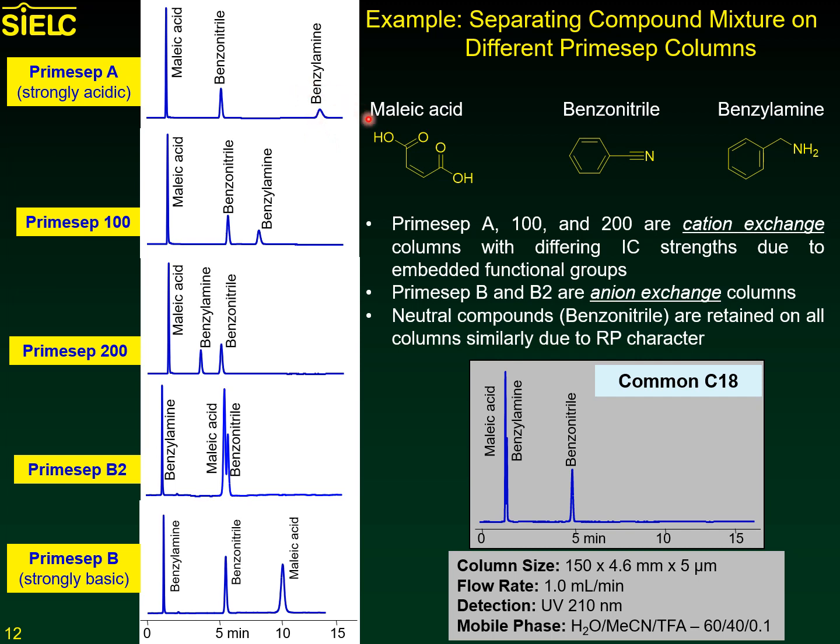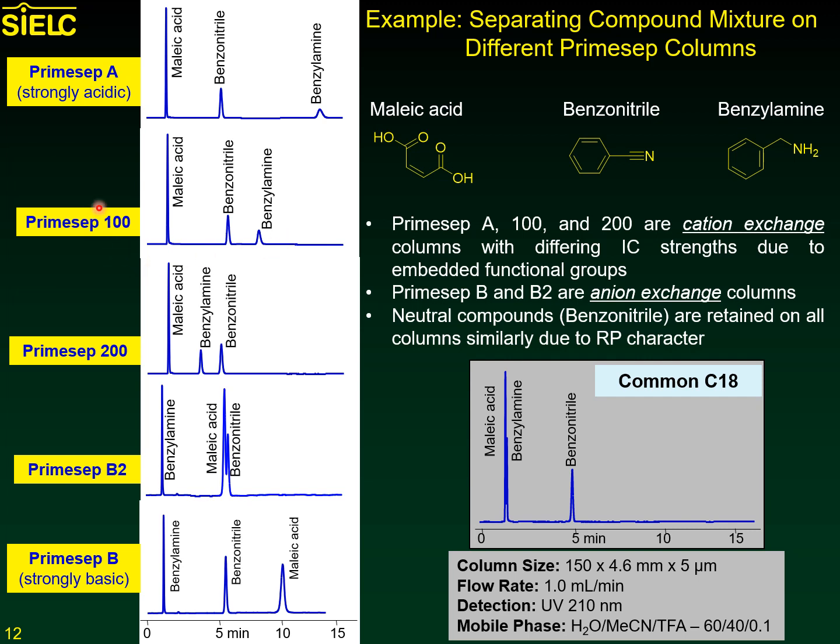Now, if one were to run the same mixture on a Primesep 100 column, they would observe a similar elution pattern. However, the benzylamine would elute at an earlier retention time now, and this is because there is a lessened cation exchange capacity within this column. So the benzylamine elutes earlier.